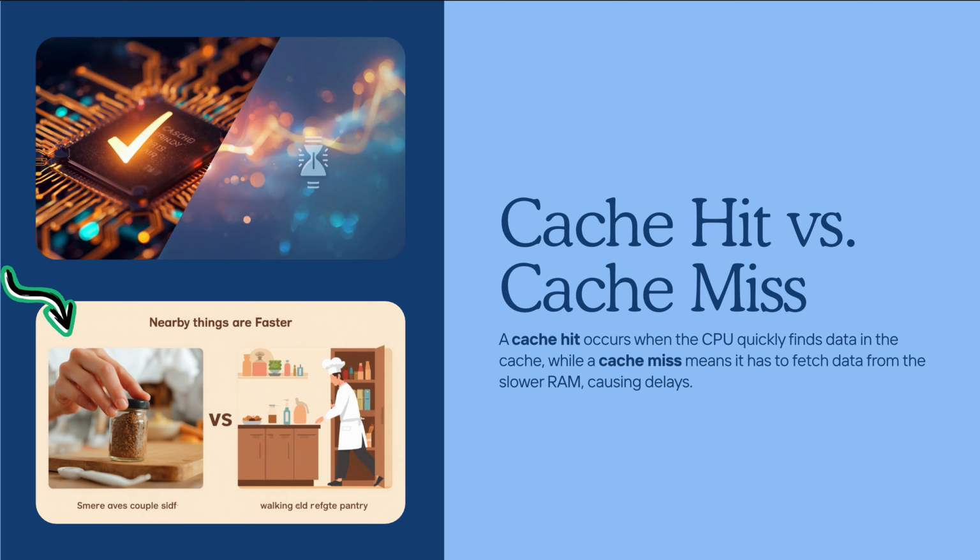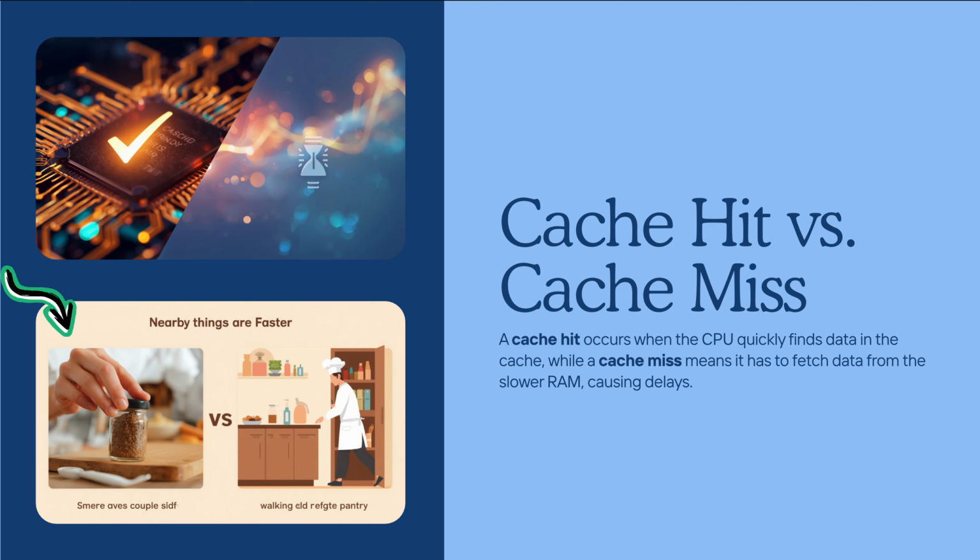That means it's very fast because we found it in the cache. When the CPU looks in cache and does not find what it needs, this is called a cache miss. We couldn't find it, so it goes to the RAM, which takes even longer. A cache hit is like finding your pencil on your desk. It's right here, I can get it really quick. However, when we miss on the cache, that's like searching your whole backpack for the pencil.